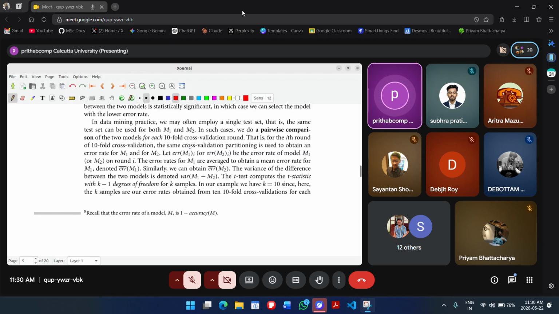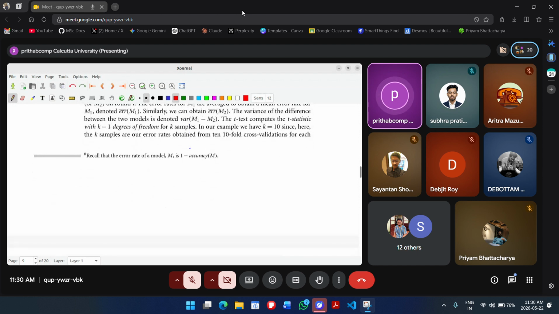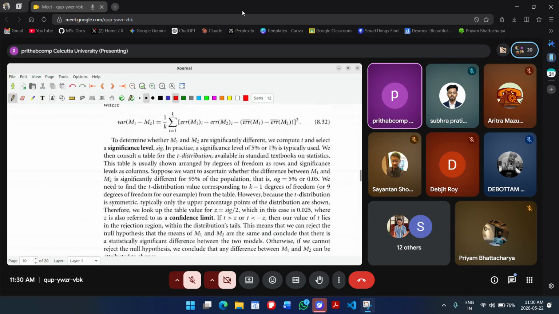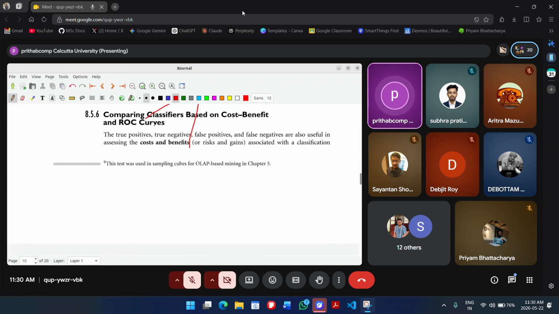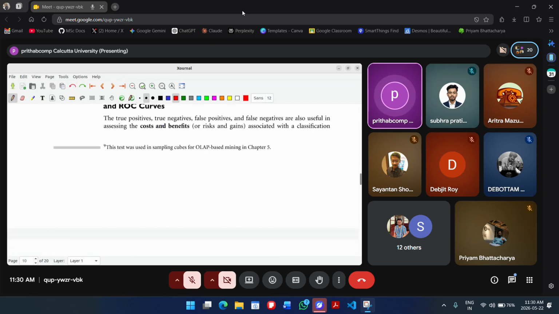Okay, and from the results we provide evidence whether our hypothesis is correct or not. So I'm not going again over here. So what I'm interested in now is comparing the classifiers based on cost benefit and ROC curves. Okay, so we are comparing different types of classifiers based on the cost benefit and ROC curves.